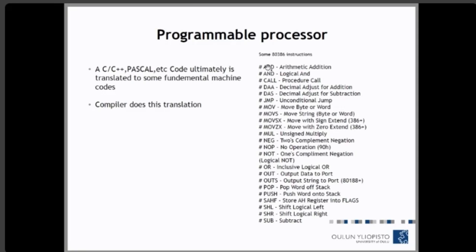So when you insert this binary code in the processor's ALU, let's say arithmetic addition hardware gets activated. When you insert the second code, which is the AND code, then logical AND hardware will be activated. So it's like a multiplexer inside the processor. You insert these codes, and some specific hardware gets enabled.